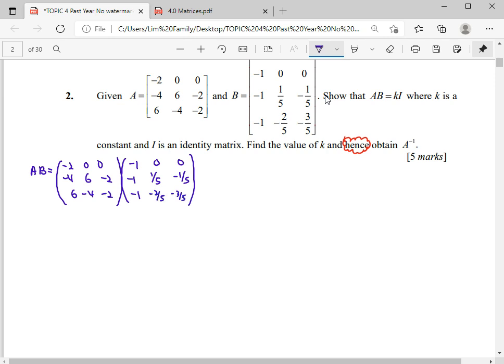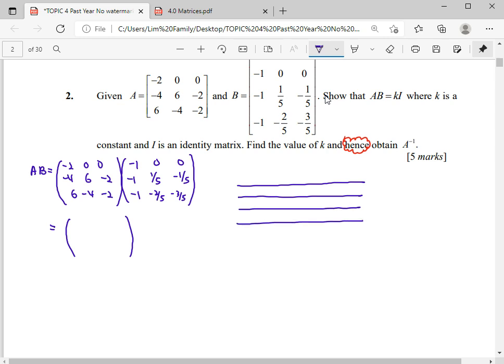Of course, you're doing your table in order to get the answer, right? So we perform our table. One, two, three rows, and then three columns.